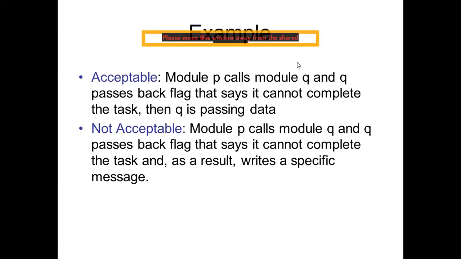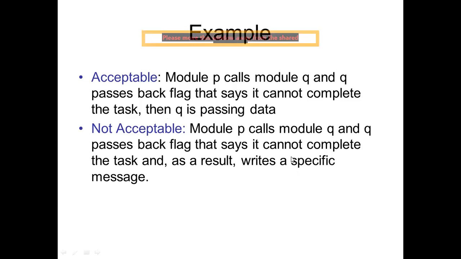Module P calls module Q and Q passes back a flag that says it cannot complete the task, and as a result, write a specific message. But in this case, there is no such data passing, and we are not going to write any message. So if we write a specific message as a result, then we can say it is not acceptable.